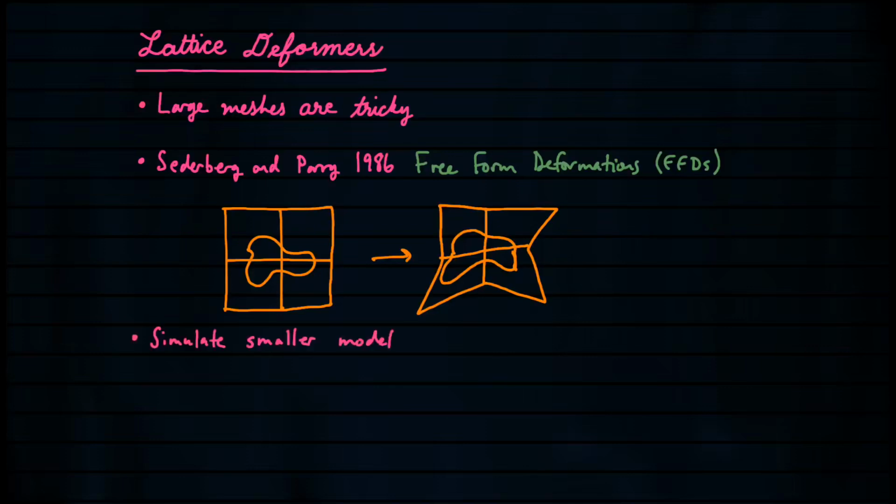What this allows us to do essentially is simulate a smaller model rather than the entire mesh and apply it. So if you wanted a springy or bouncy looking 3D animated character, you might want to use a lattice deformer to accommodate that. Or if you want to simulate the stretch and squash animation effect, then you can also apply this model as well.